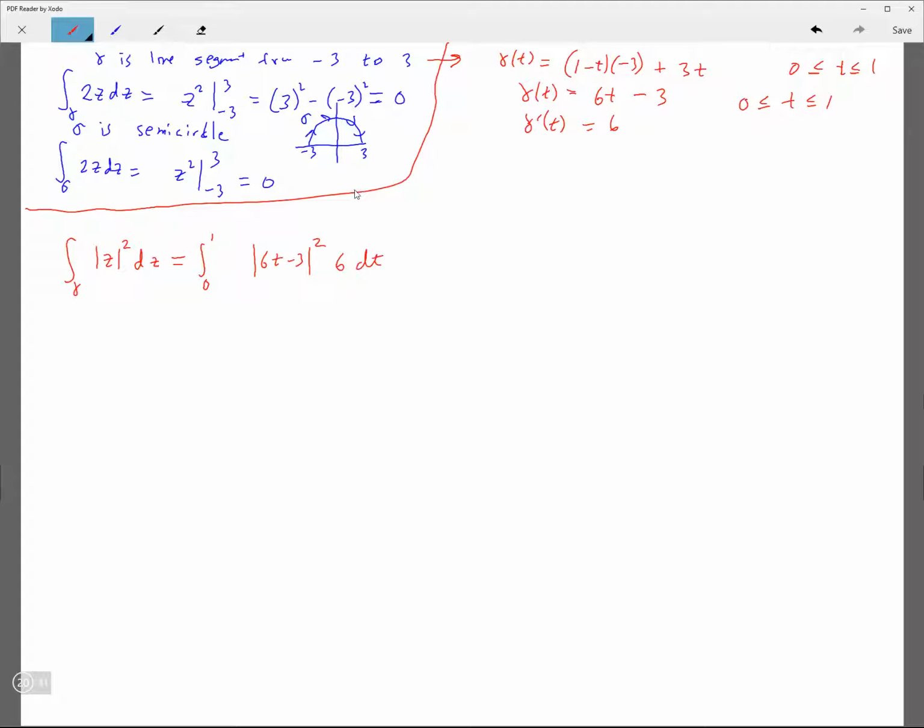Okay. So let me just make a note of that. Gamma of t goes in here, and this one gets replaced with gamma prime of t dt. Okay, so that's 6 dt. And so this is how you would calculate this integral here.